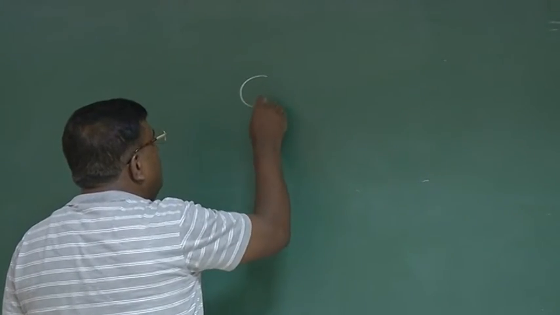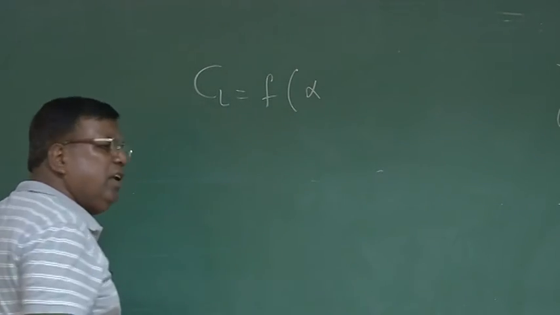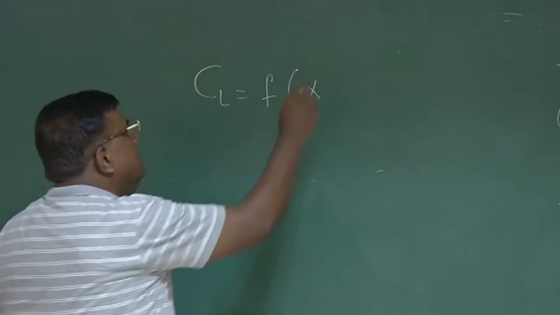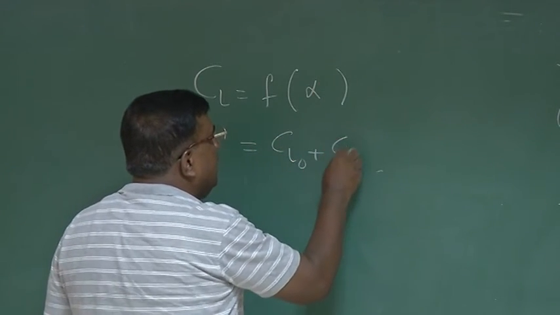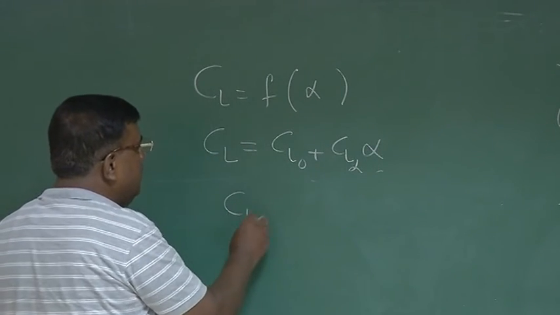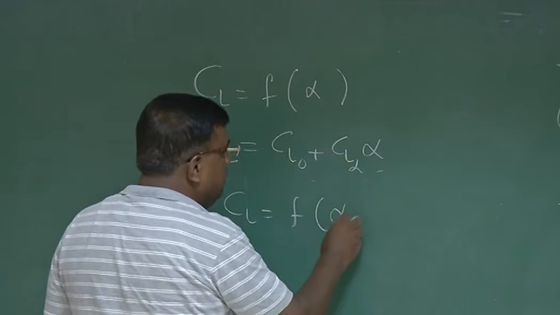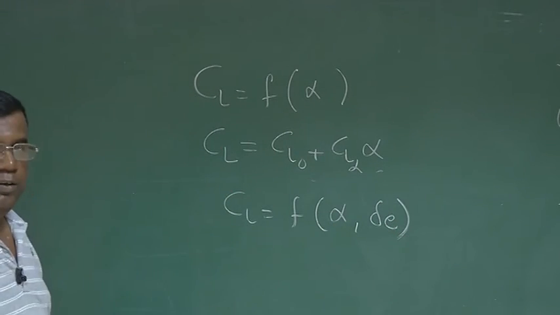Let us see, so far we are talking about CL as function of alpha for a given Reynolds number, Mach number, etc. So we wrote CL as CL naught plus CL alpha into alpha, right? Now CL is also, you could see, not only a function of alpha, it is also a function of delta E. Do you agree with me or not?